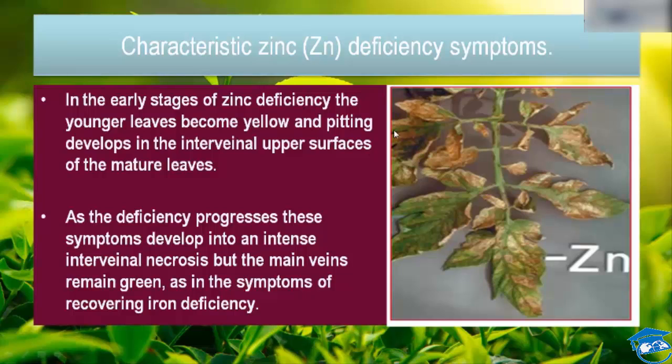Necrosis means death of the tissue. See, this brown color is showing the necrosis, that means a death of the tissue, but the main vein remains green. As you can see, this is the brown part, but this main vein, that is midrib, remains green as in the symptoms of recovering iron deficiency. Okay, so this was about the zinc deficiency symptom.